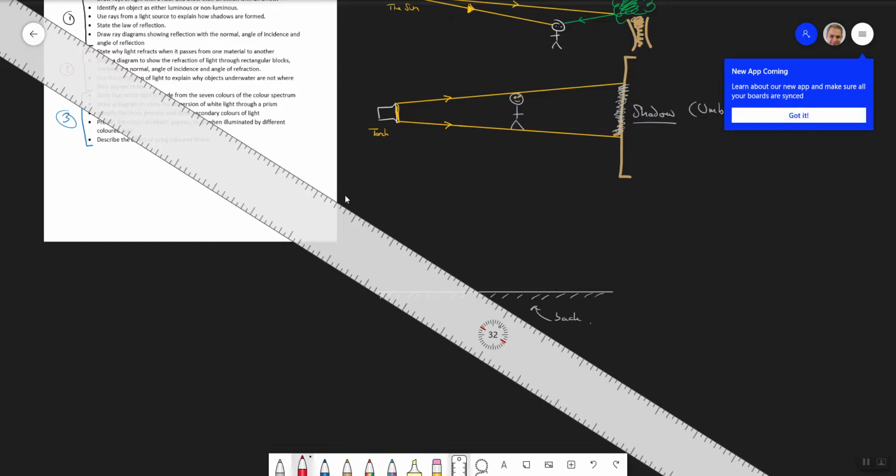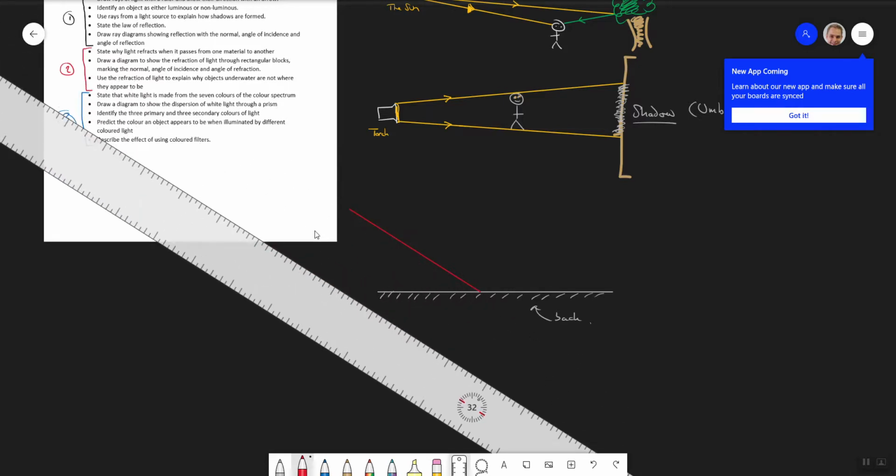Let's use a red pen for this. This ray that's coming in is called the incident ray. That's the formal term for the ray going in.